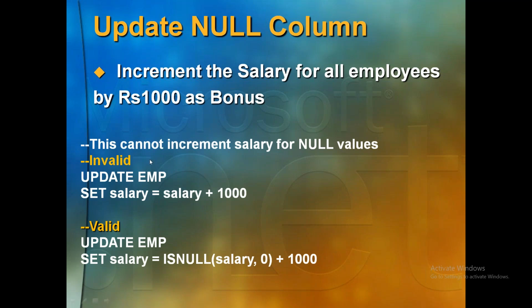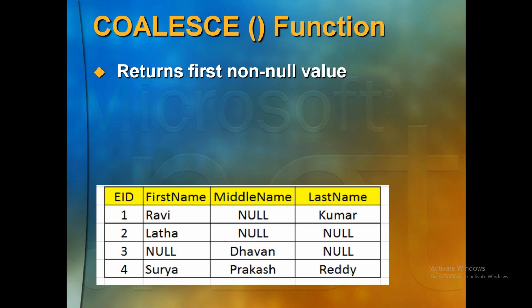There is a bug in that code. So this is the valid code. Am I clear? So all these things need to be discussed and done clearly. So special treatment needs to be given to the null values. Am I clear? So this is a very, very important thing. Now we have one more function called the COALESCE function. It returns the first non-null value.